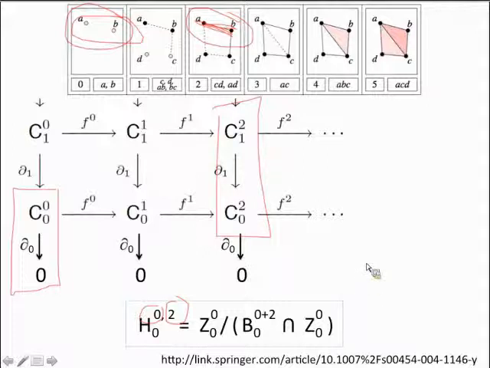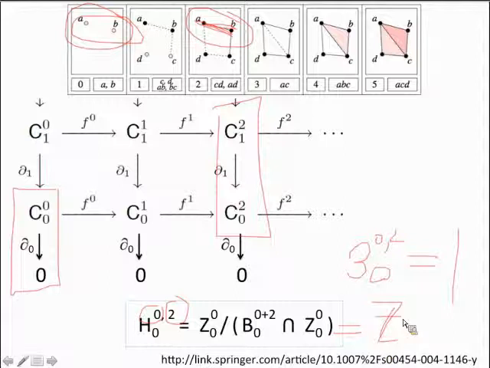And so I still get that my theta, the number of components of 0, 2, is still equal to 1. And thus my H0 superscript 0, 2 is just one copy of Z mod 2, because I'm assuming we're using Z mod 2 coefficients. So any questions?